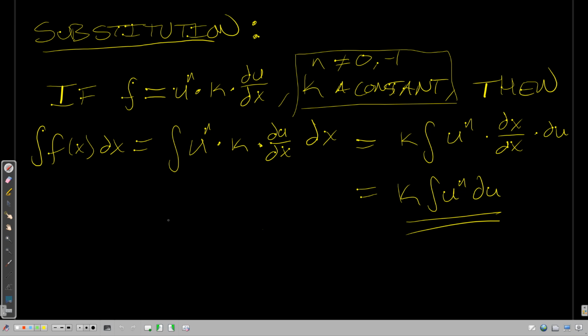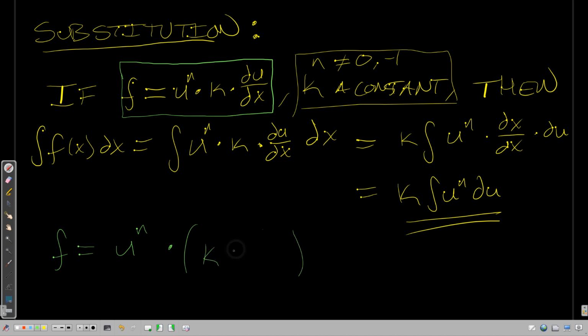Here's a typical type of substitution. You have a function, and that function has factors like this. Like maybe my function is some other function of x to a power, and then it's times this other part which has the derivative of that function u.